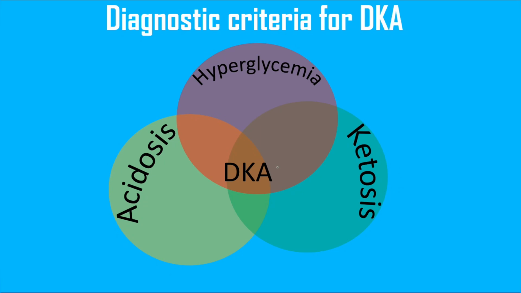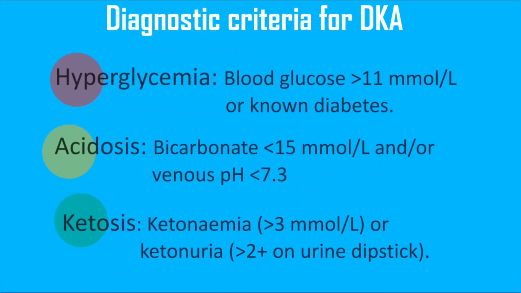So to diagnose the DKA, you have to find hyperglycemia or the patient having diabetes, acidosis by VBG, and ketone level. If the patient has ketosis, acidosis, and hyperglycemia, this is diagnostic. Hyperglycemia is when the glucose is more than 11 millimole per liter.